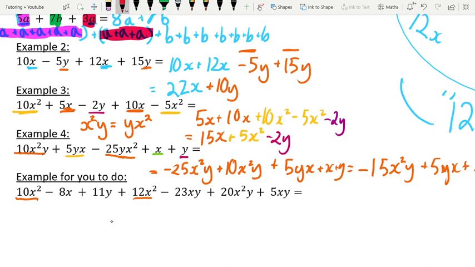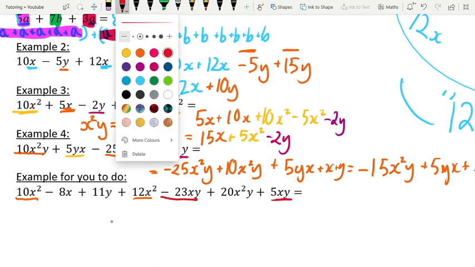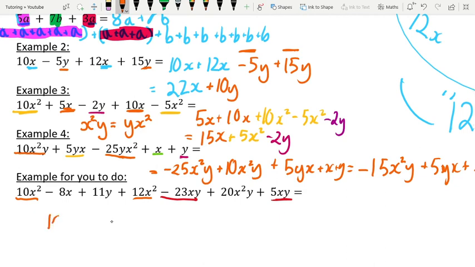What about y? There's no singular y's. What about minus 23xy? We're looking for xy. This is x squared y, which is not the same thing, but the 5xy is. So those are our two like terms, and we can combine these and then write the rest on the end. We've got 10x squared plus 12x squared, and then in red, let me get my red colour.